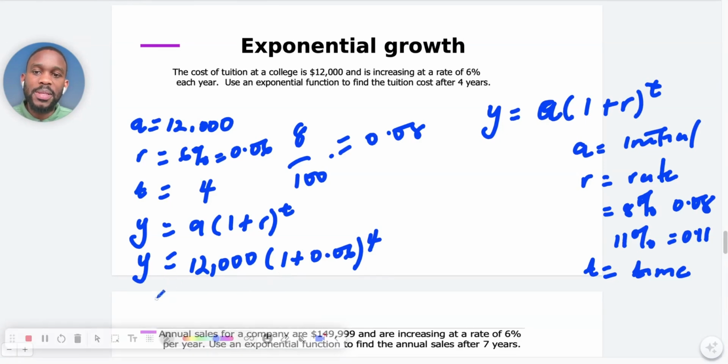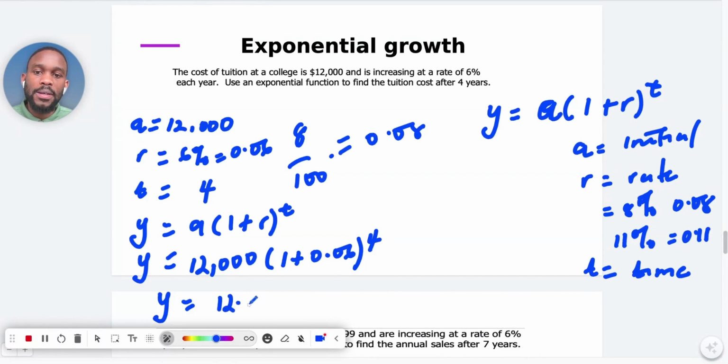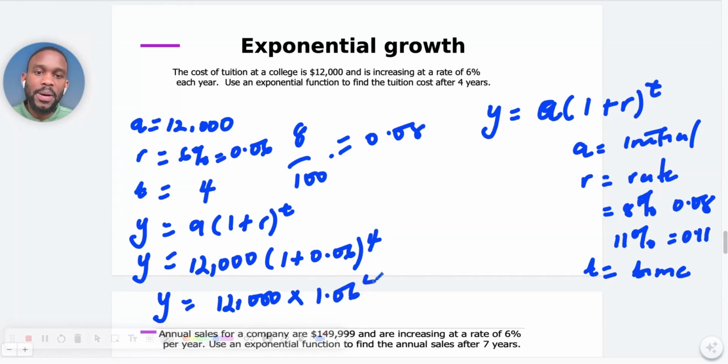Remember, this is going to be the same as y is equal to 12,000 times 1.06 to the power 4. So that is what you're going to put in your calculator. Mine is giving me around 15,150. So that's going to be the cost of attending that college after 4 years if the tuition is growing at 6%.